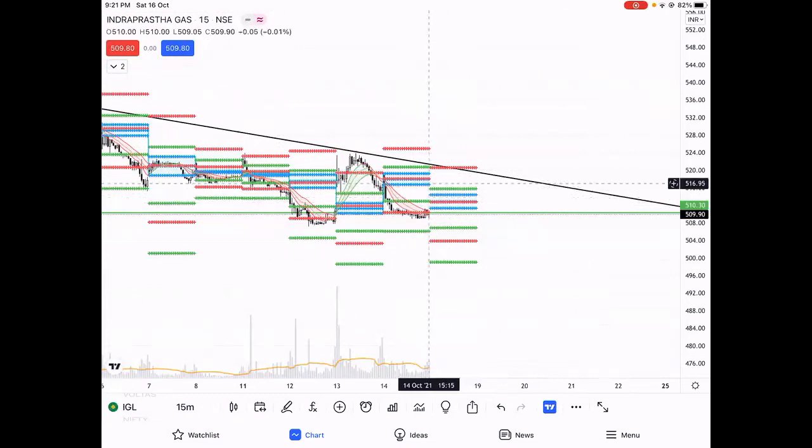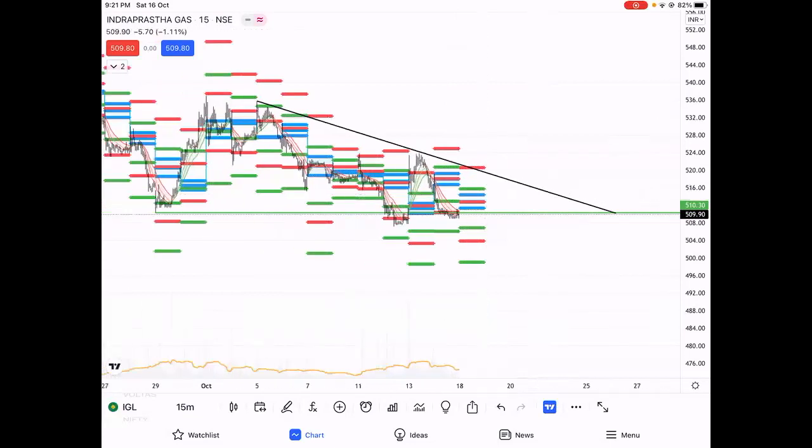Also, the formation is descending, right? So after Monday, if Tuesday has a higher CPR, then we might say that yes, it can give you a trend reversal. But everything will depend on Monday, how the price is reacting, how the script is doing, correct? So this is the entire range.